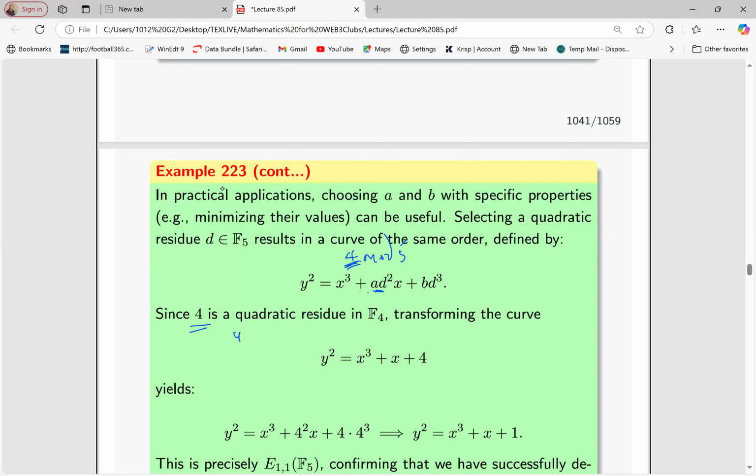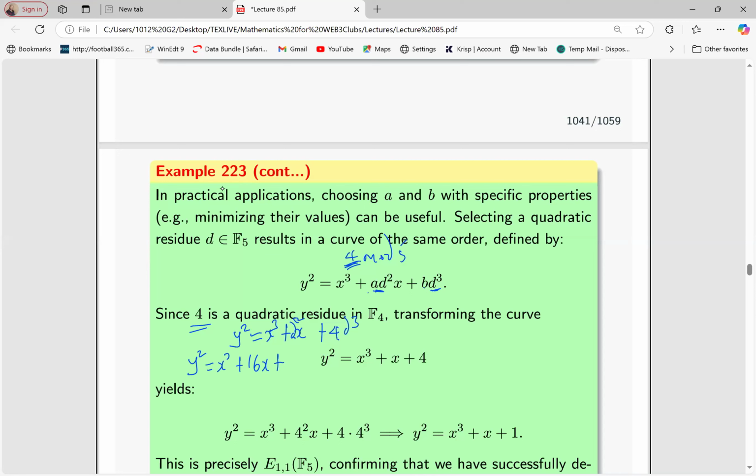So what was our curve? Our curve was y square is x cubed plus x, then plus 4. So while there is a 1 here, multiplied by 4 square, there will be 16. So that means y square is x cubed plus 16x, then plus 4 cubed times 4. I'm just putting this square here, and this cubed here.